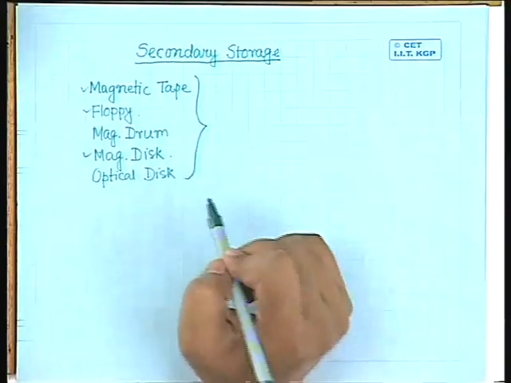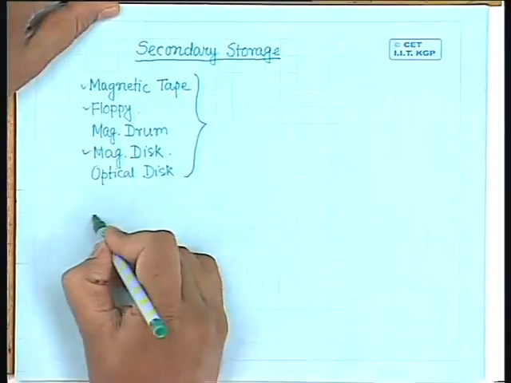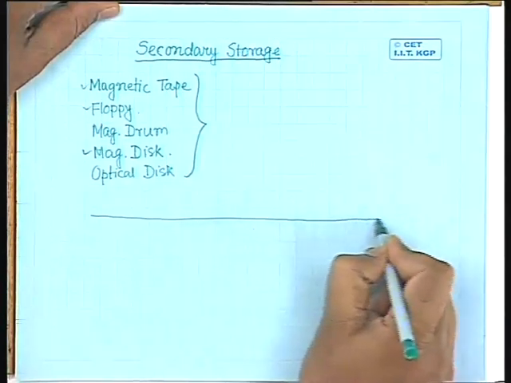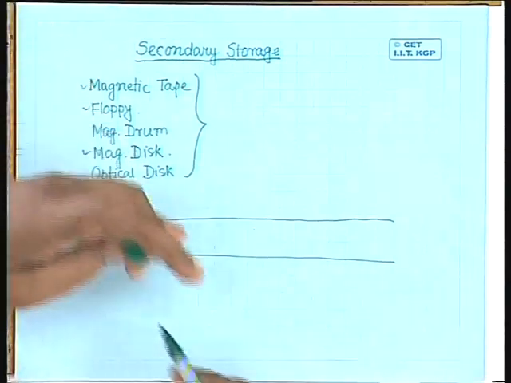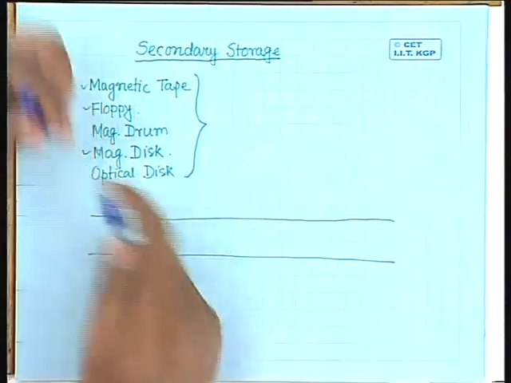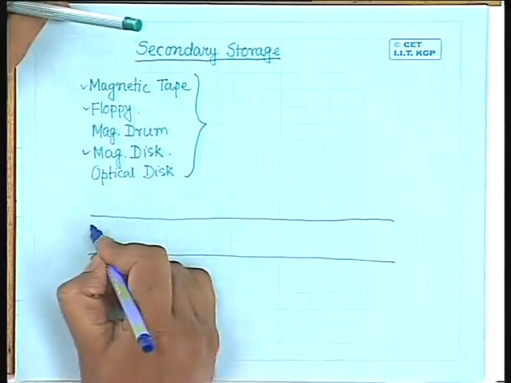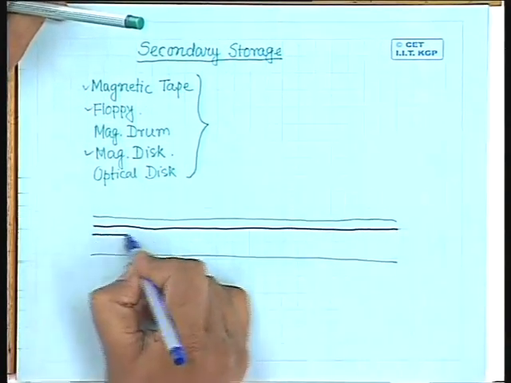As you know, magnetic tape is nothing but a tape, something like a video tape or an audio tape, which is coated with some magnetic material. So I can simply draw it as a linear tape like this. This tape will consist of a number of parallel tracks, parallel to the length of the tape.